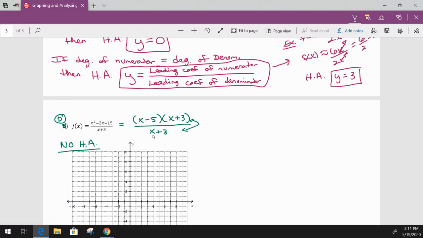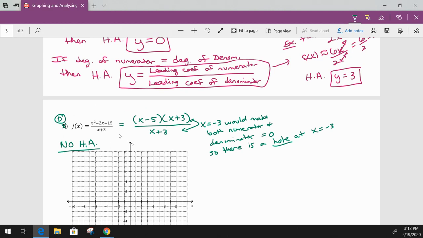If you look at these factors, an x value of -3 would make both the numerator and denominator equal to 0. Earlier we said when that happens, you have a hole. So there is a hole in our graph at x equals -3.